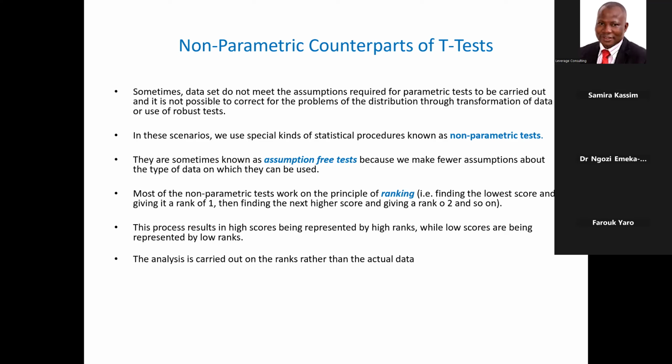So the analysis is carried out on the ranks rather than the actual data. In a parametric test, you calculate the mean from each group. But here, you don't use the mean, you use the rank. You don't even use the actual value, it's the rank you use to make your judgment.